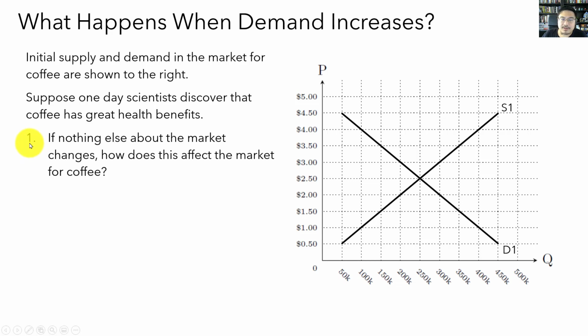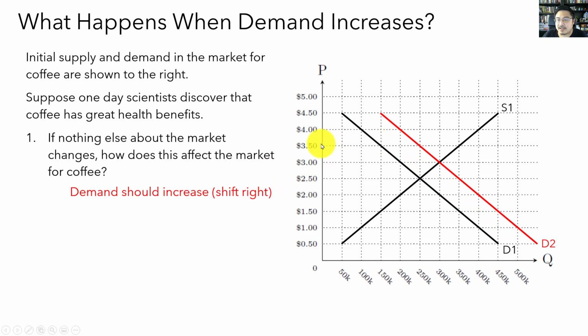Well, the first thing we have to note is that because people now think that coffee is healthier, more people are going to want to drink coffee. And that should shift the demand curve to the right. It's going to shift the demand curve like this. What's happening is that at each price level, the quantity demanded is increasing.